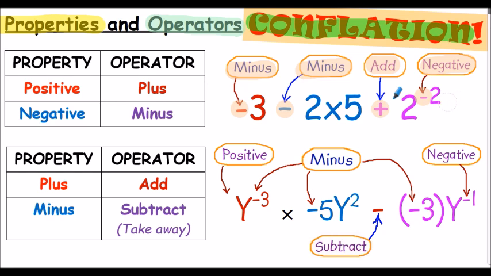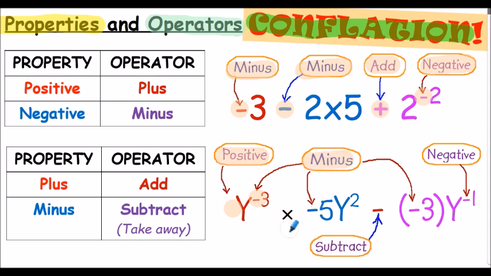We've used minus initially to mean the property of the 3, but we're also using the term minus for the operation within the calculation. And considering the lower calculation, we have positive y raised to the minus 3.